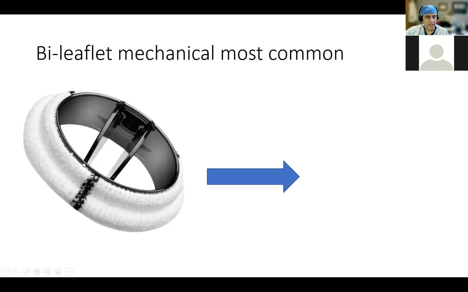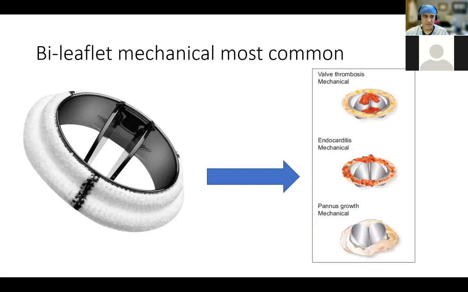The valve is contained in a housing, and the housing is there to prevent tissue growth from the outside in, to protect the leaflets. But tissue growth can still occur above or below, and below in particular, where the leaflets are at the side, or even above, can lead to some impingement of those leaflets. We call that pannus.